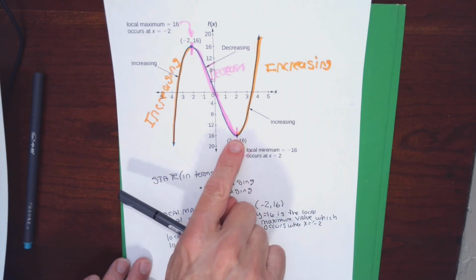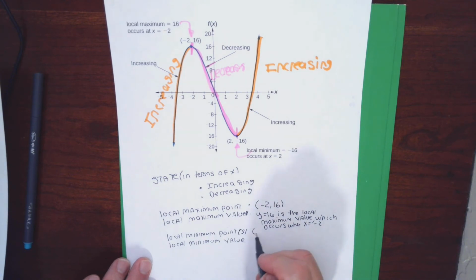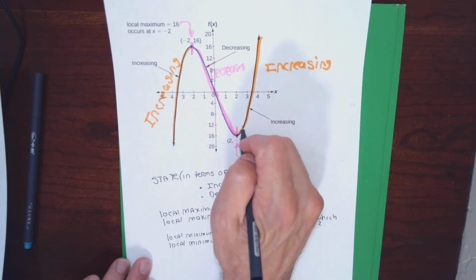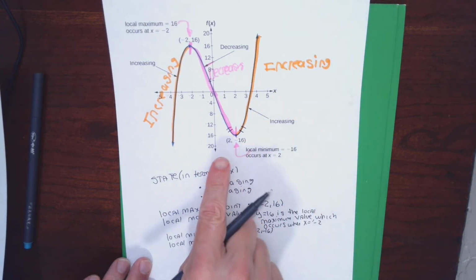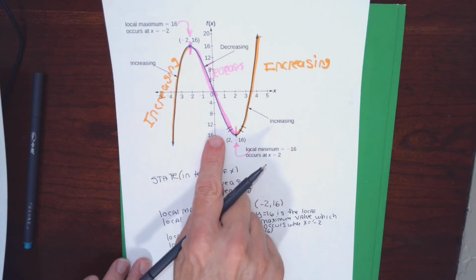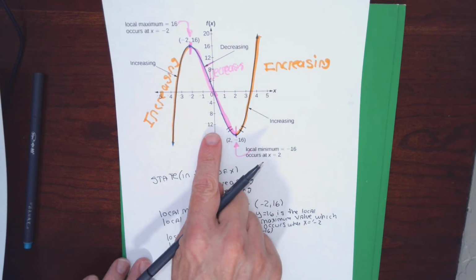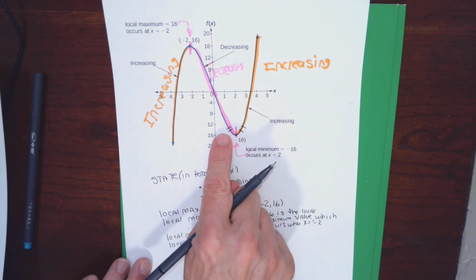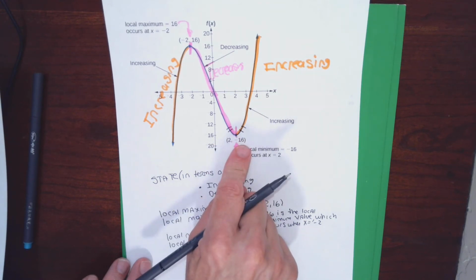That low point is the local minimum point. My local minimum point is the point 2, -16, and any point directly close to this, if you looked at their y's, are going to be bigger. The y's are going to be like -15 or -14. Some of the x's are bigger than 2, some of the x's are less than 2, but all of the y's are bigger than -16.